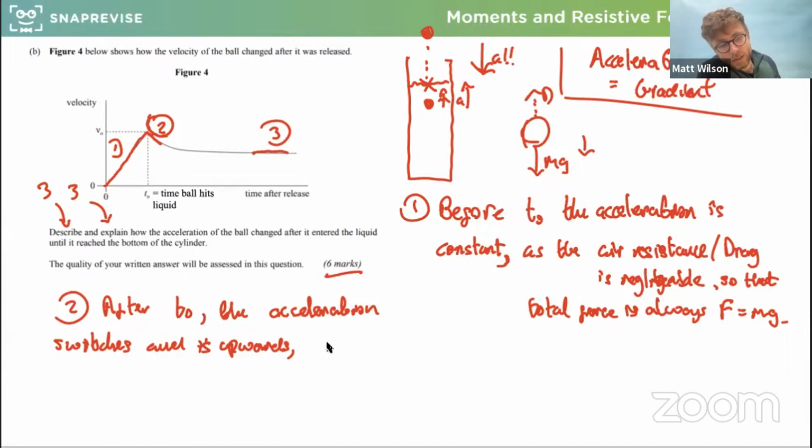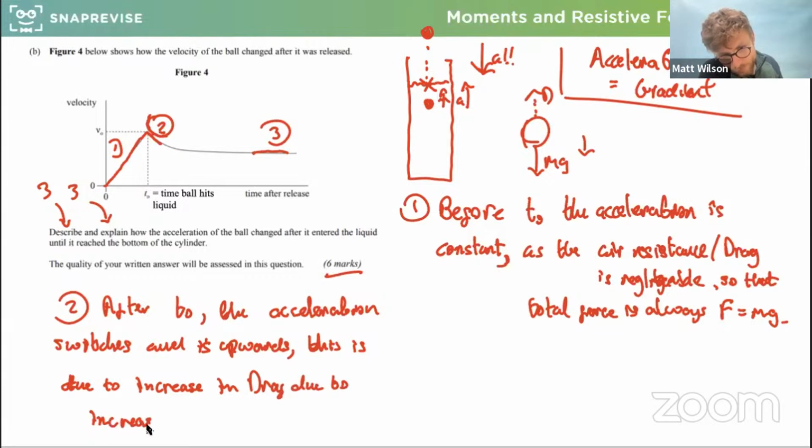So there'll be an acceleration, it switches and is upwards. This is due to increase in drag due to increase in viscosity.